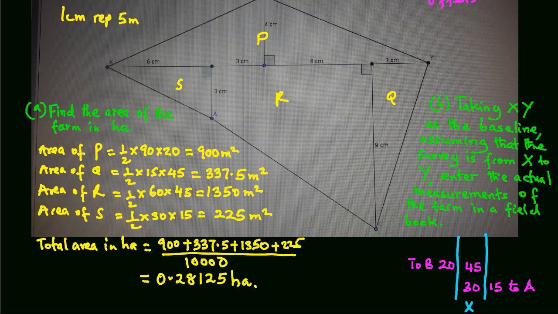And finally, the third offset here is 75 meters from X, and its length is 45 meters, and the offset is C. So since there is no other offset remaining, we indicate the final point of that baseline, which is given as Y. So the result is what we call a surveyor's field book.